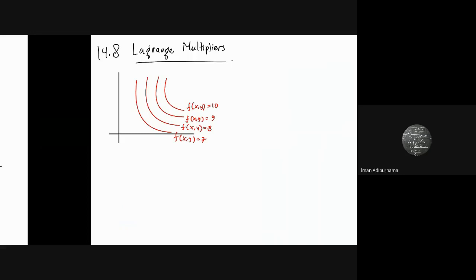And let's say we have another function, maybe we name it as g, function g, and it's another level surface.